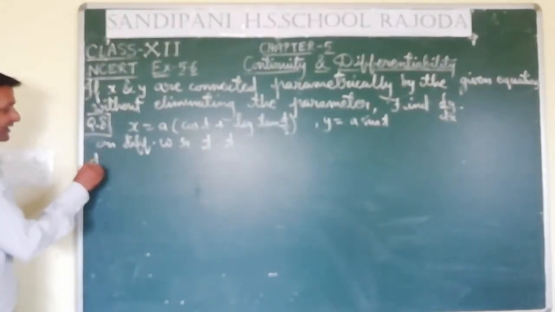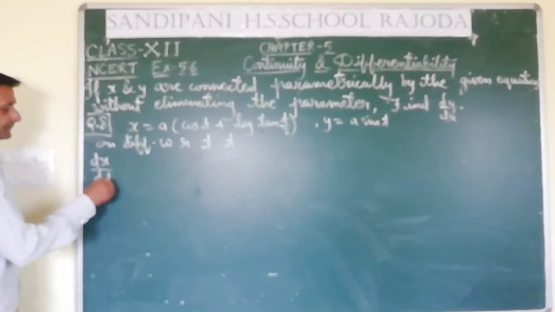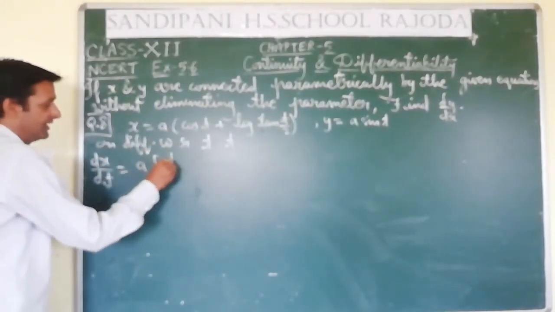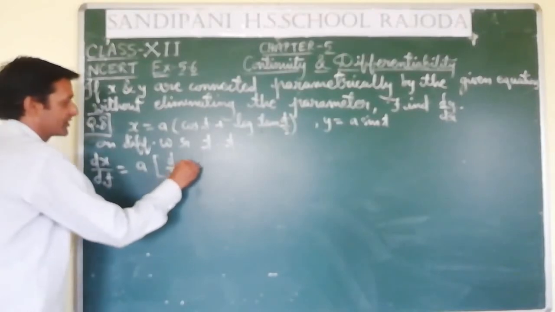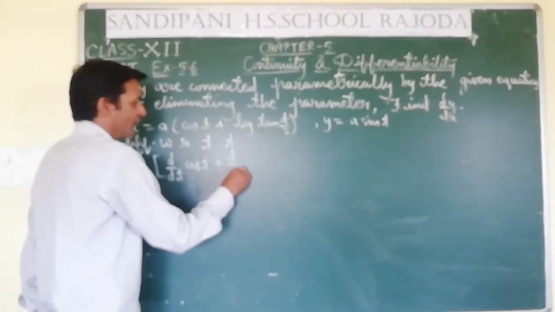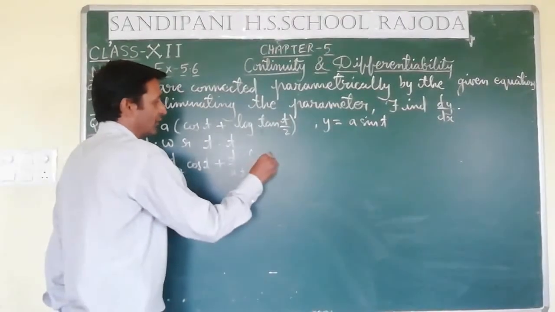So what we will get: dx by dt, this a is constant, so take it out, and then d by dt of cos t plus d by dt of log tan t by 2.